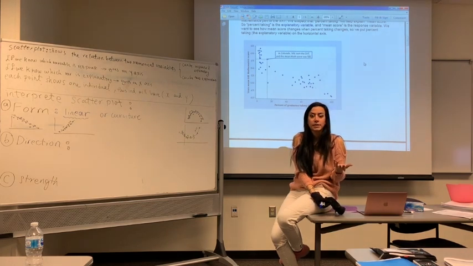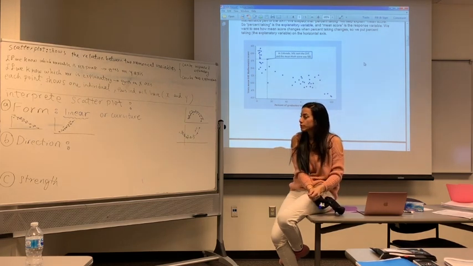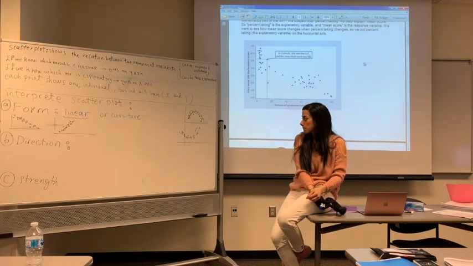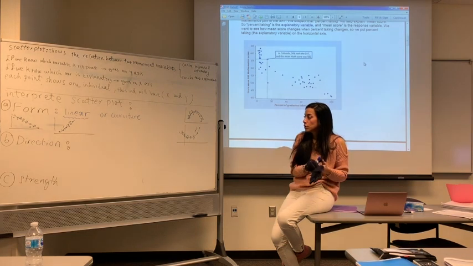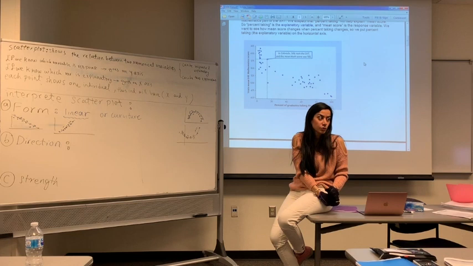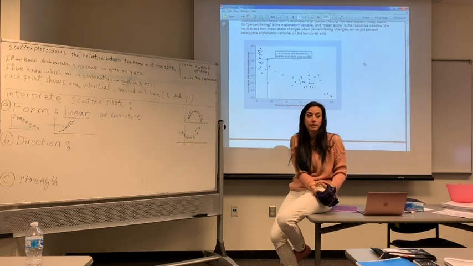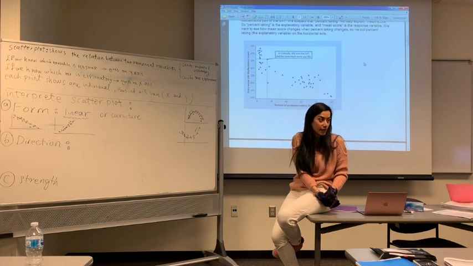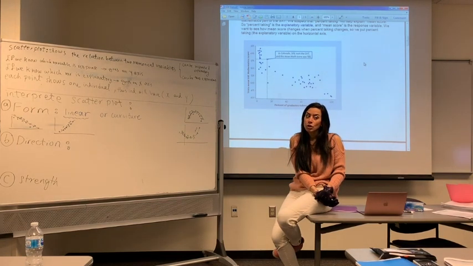Because you are passing a straight line through all the points. Do you have any question about this? So if question asks you what is the form of a scatter plot, you will say either linear or curvature. That will be the only answer, either curvature or linear. Do you have any question?